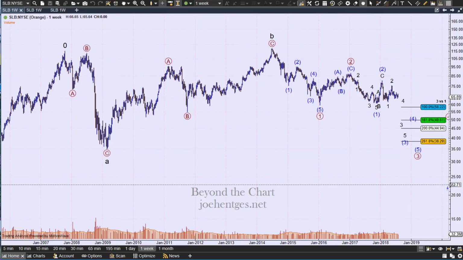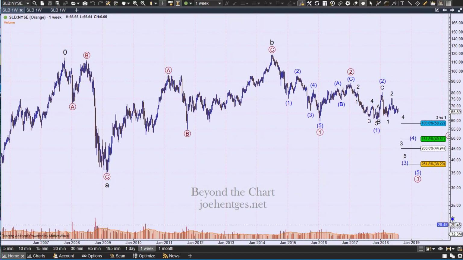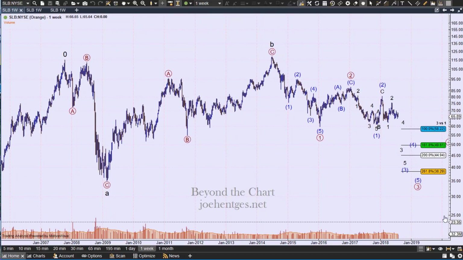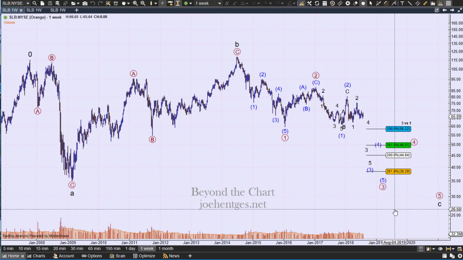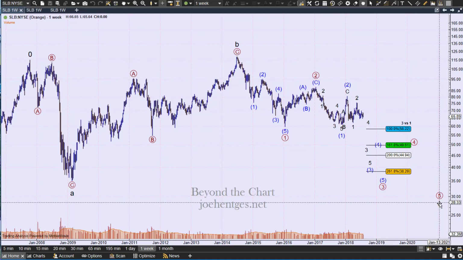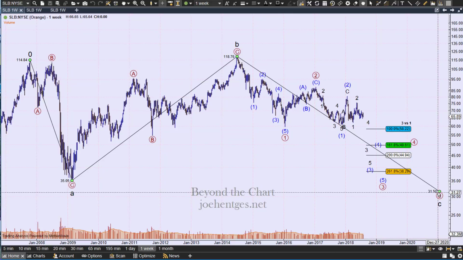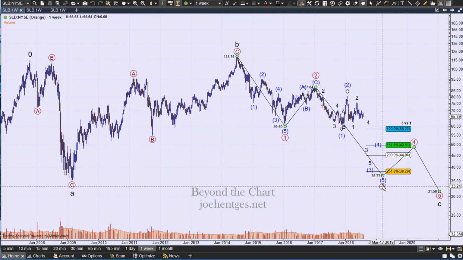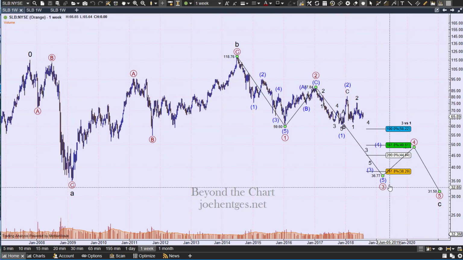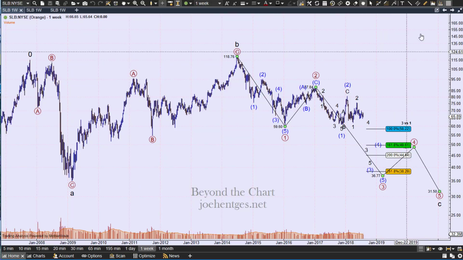I don't have a big triangle carved out, but here is the position, and this is basically saying that I'm expecting a big move to the downside to complete this wave C, cycle wave C, which would be 5 waves down. So therefore, I think we're in a wave 3. It's just a matter of where in wave 3 we are.